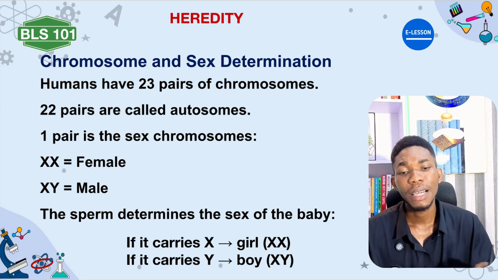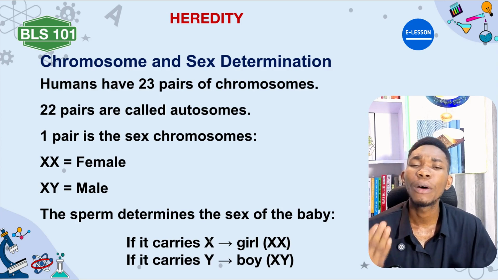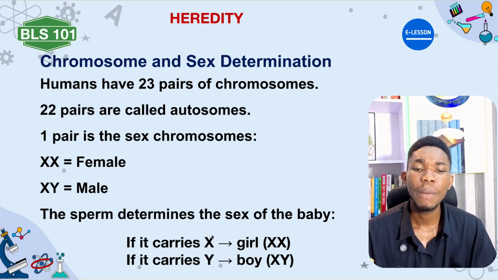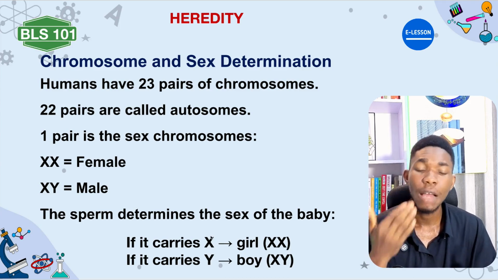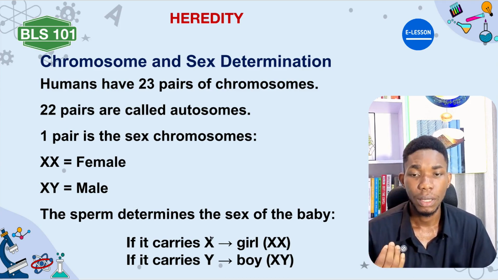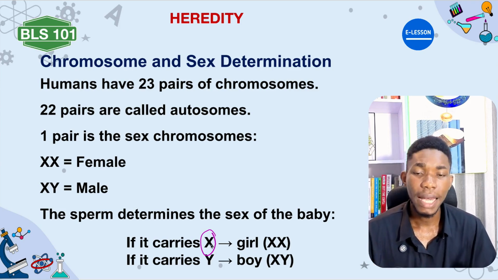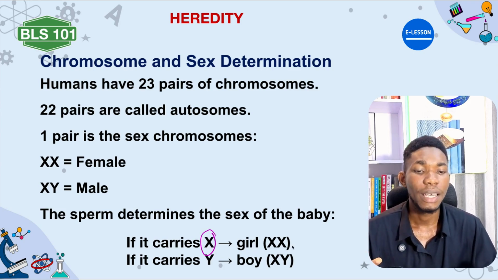You know the woman only has XX, so it is the sperm that will tell us whether the child will become a girl or a boy. If the sperm carries an X chromosome, automatically the lady will bring only X. So X combined with X gives a female child, a girl.